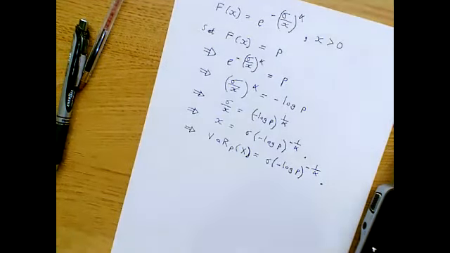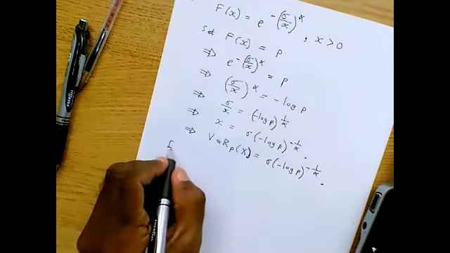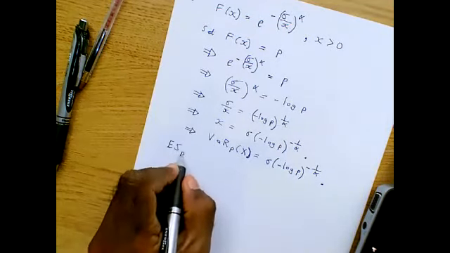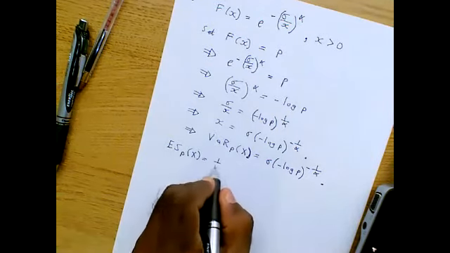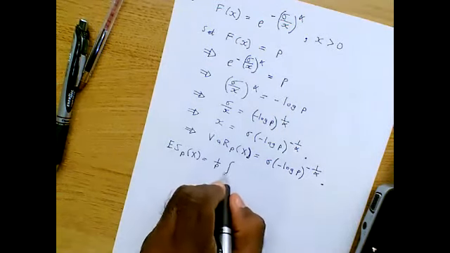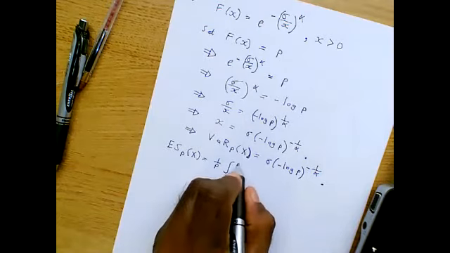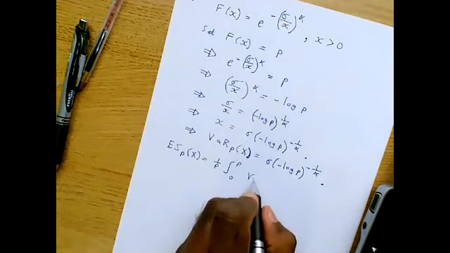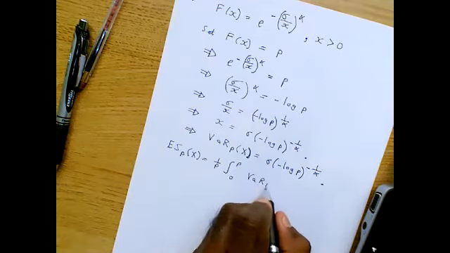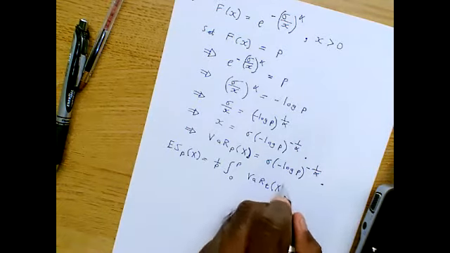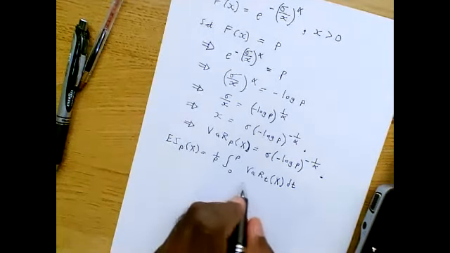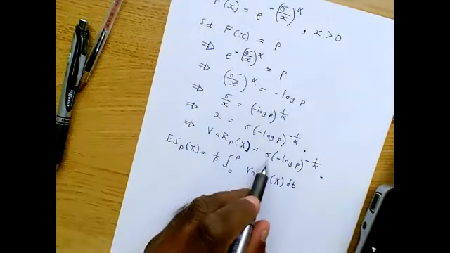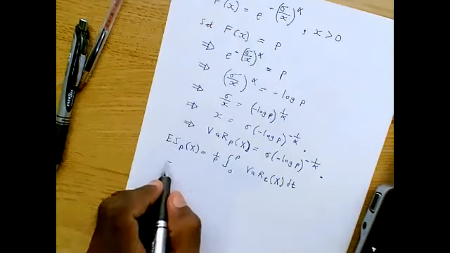You okay, guys? Okay, now to find the expected shortfall, you will use this formula. Sigma is a constant, so you can pull it outside.